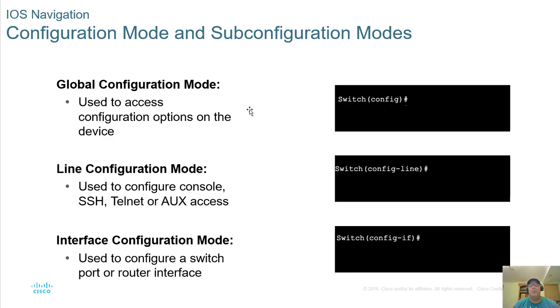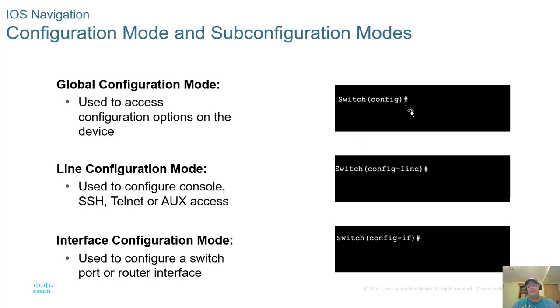So we're going to go into global config. How do I know if I'm in global config? Because it says config before the #. So in this case, host name switch, then the word config, then the #. I know I'm in global config mode. That means I can make changes.